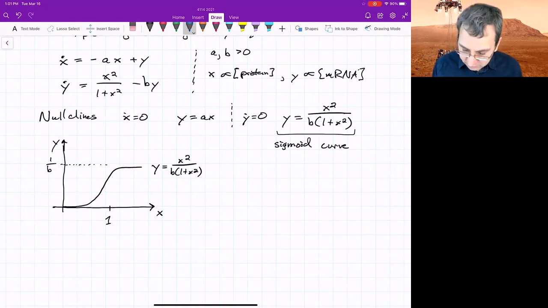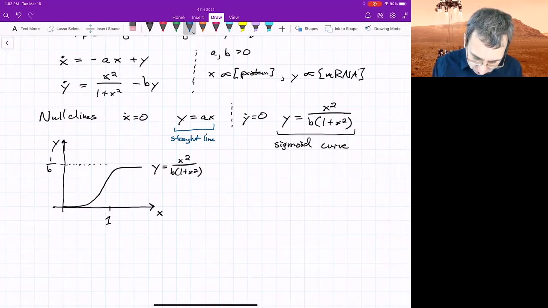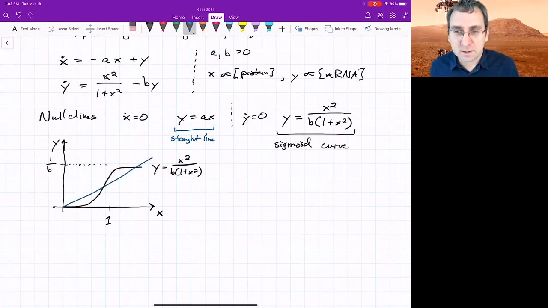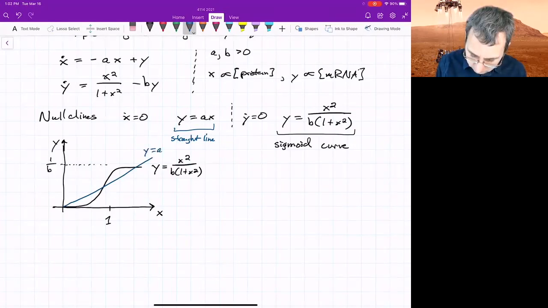As a varies, what is this? This is just a straight line. So this is a straight line that makes it easier to move around. If we think of a being smallish, it'll be small enough that it'll intersect this curve multiple times. So there's y equals ax.